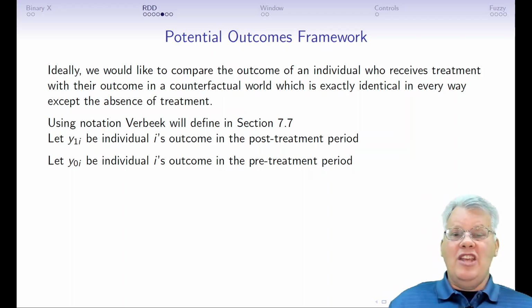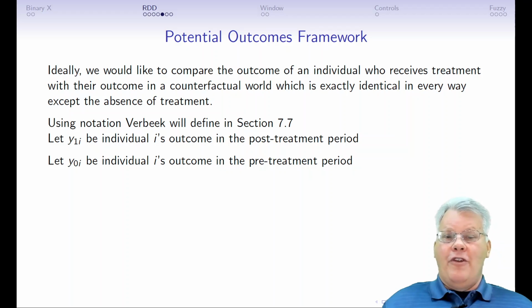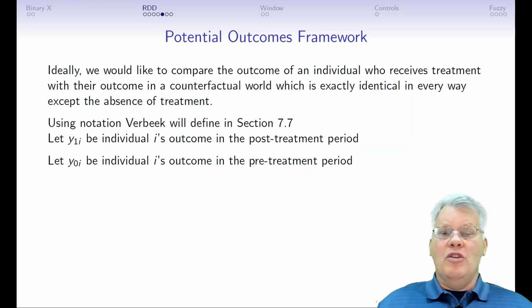Now, using Verbeek's notation set from section 7.7, we will define y sub 1i as individual i's outcome in the post-treatment period, and y sub 0i as individual i's outcome in the pre-treatment period.